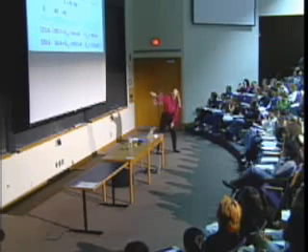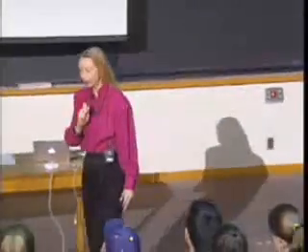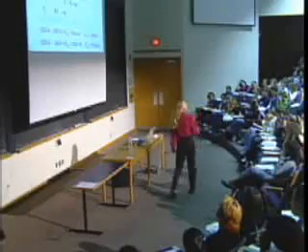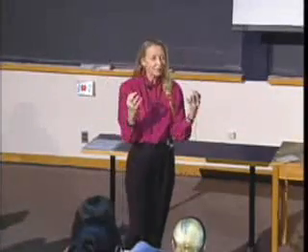Okay? I want you to notice how much more strongly bound that 1s electron is than the electrons in the n equal 2 shell. Look at that. That 1s electron is bound by 870 eV. Binding energy is minus 870. Binding energy for the n equal 2 electrons is minus 48 and minus 21. Right? Why is that more strongly bound?